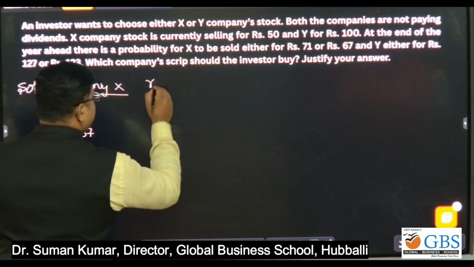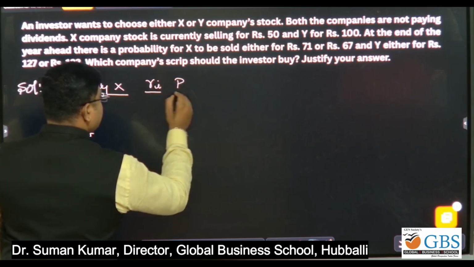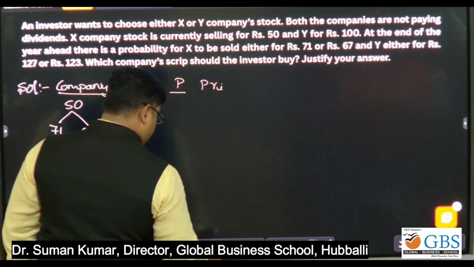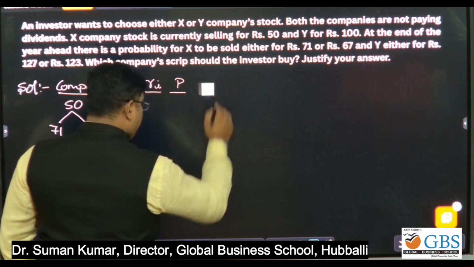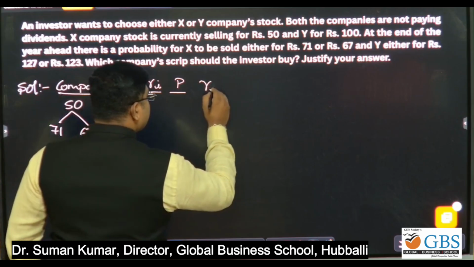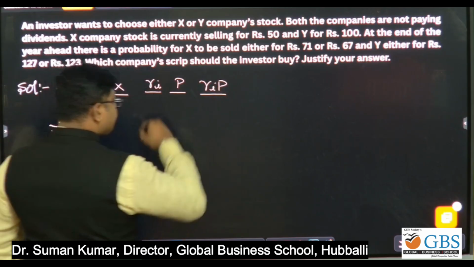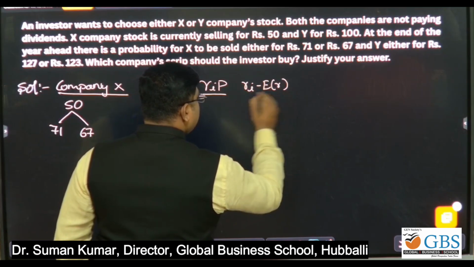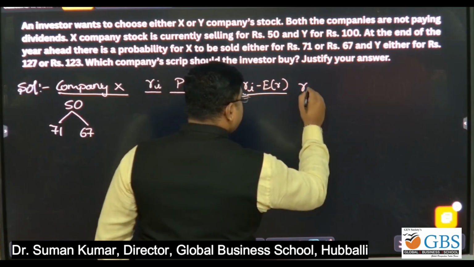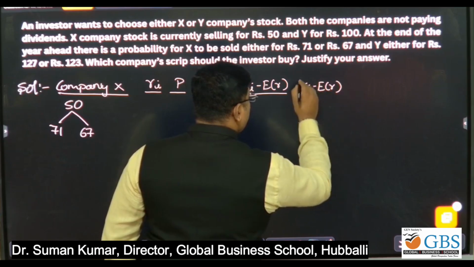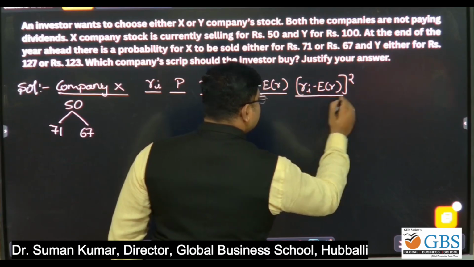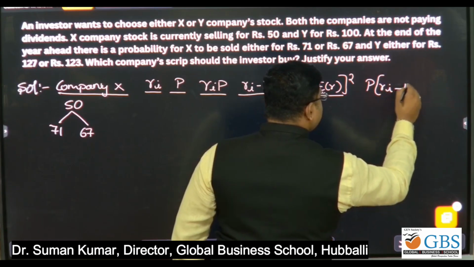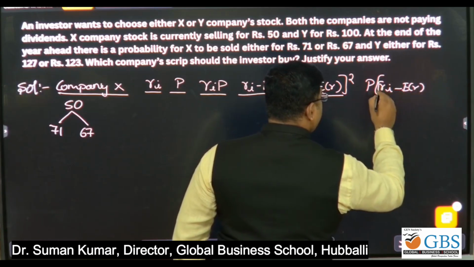So RI, probability into RI, or RI into probability, anything is okay. Then RI minus E of R, then RI minus E of R whole square. The last column is P into Ri minus E of R whole square.